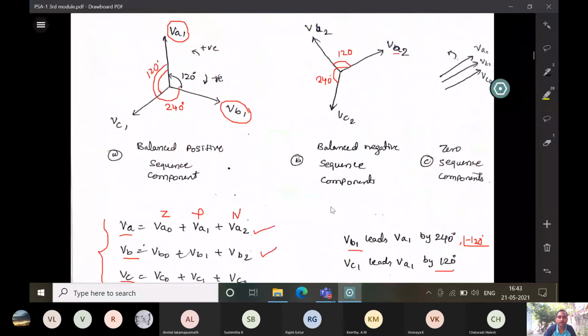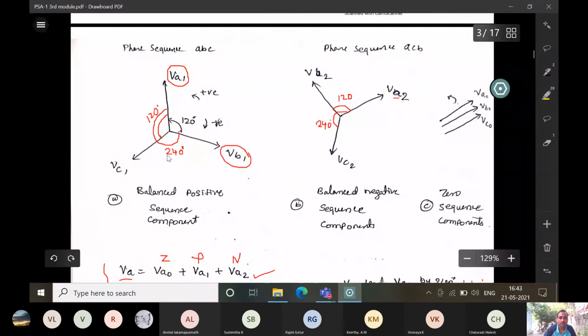So we have written this one VA1, VB1, and VC1. So what is VC1 in terms of VA1? This is 120 degree, right? Here to here, 120 degree. VA1 to VC1.